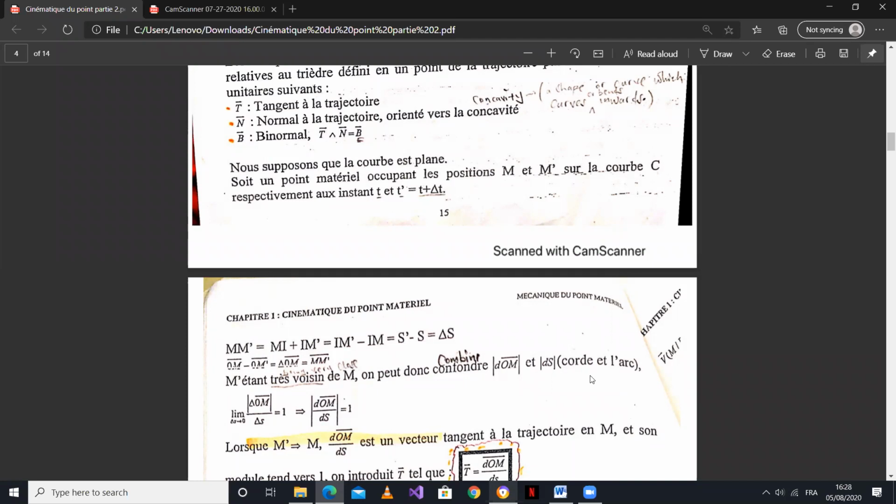And if they are equal, that means d de OM over ds is going to give you a magnitude of 1. Since they are almost the same, the magnitude of their division is almost 1. If I tell you A is equal to B, and then I divide A over B, it's going to give me 1 because those two are equal.